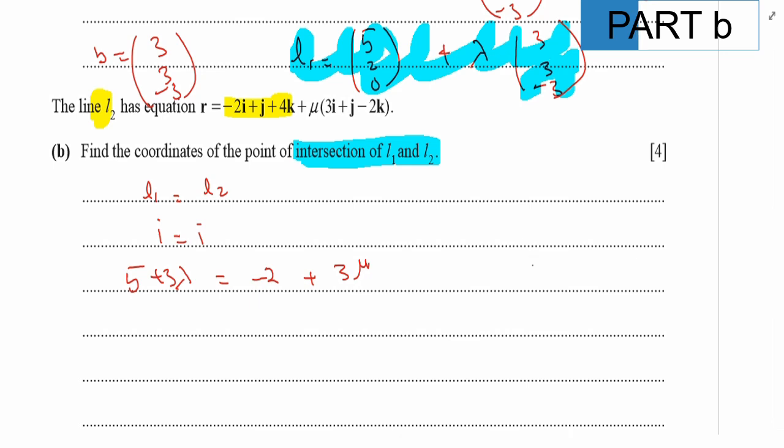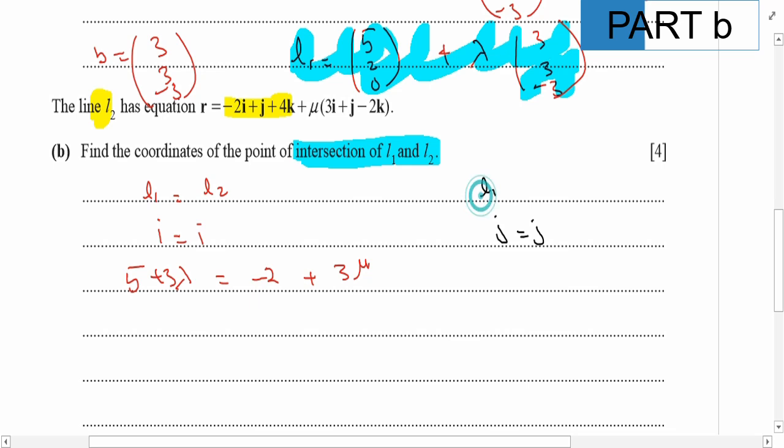And since the lines are intersecting, the j of L1 equals the j of L2, which is 2 plus 3 lambda equals 1 plus 1 mu.